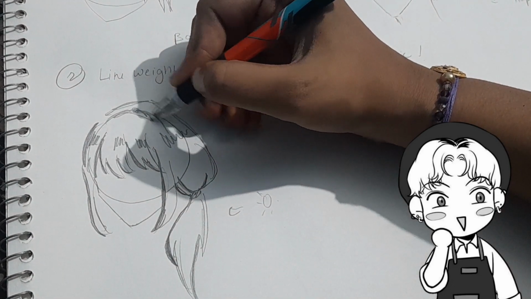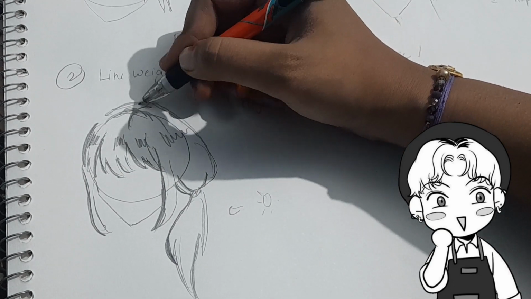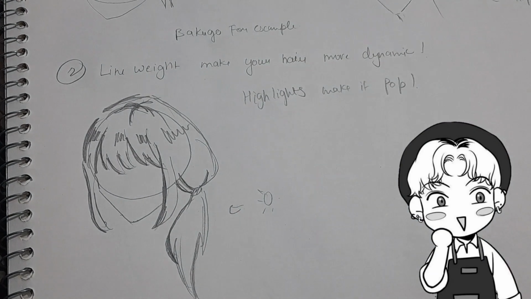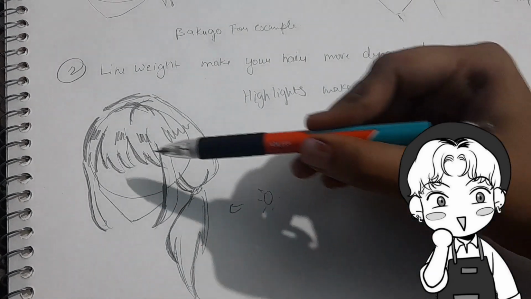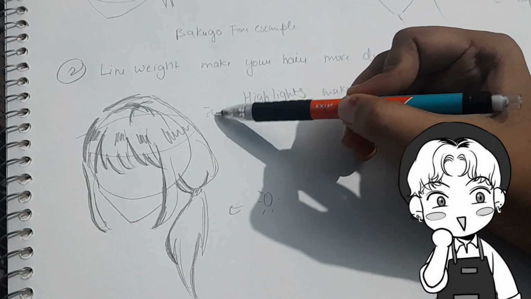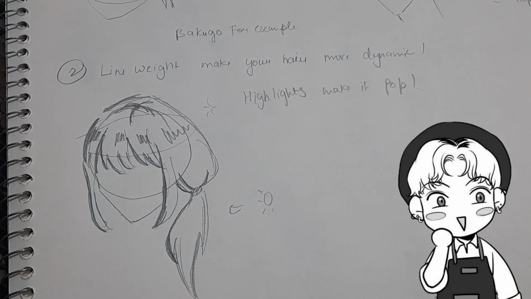You just have to darken these spots where light doesn't come, like in vertex areas and the other parts where the light doesn't come. You can also add highlights for more of a pop to the art.